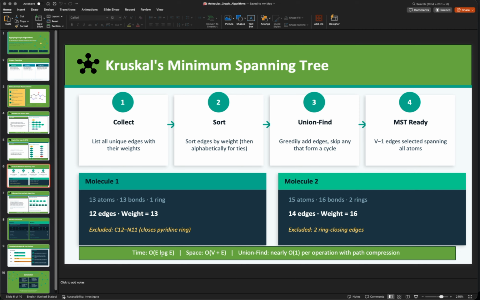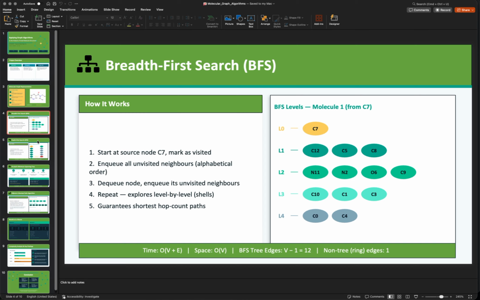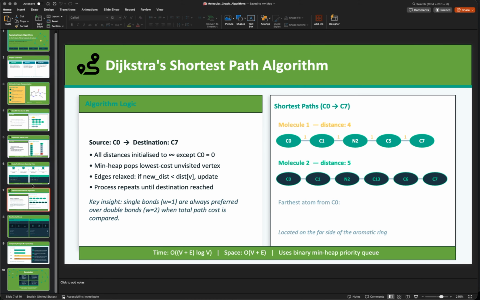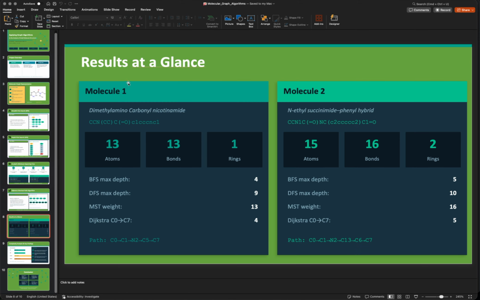The big O of E log E applies to our Kruskal tree. Continuing, I have put all the comparative results, the comparison figure, and the molecule distance on this slide. You can see the Dijkstra algorithm and the results and findings summarized for the two different molecules.